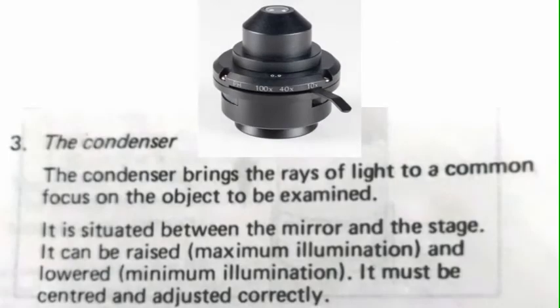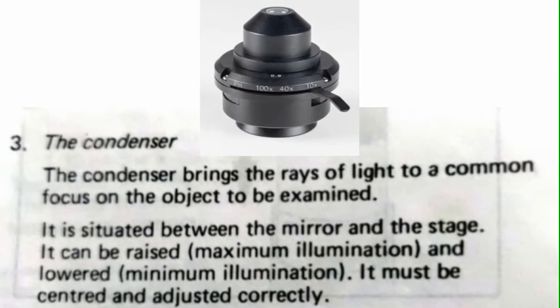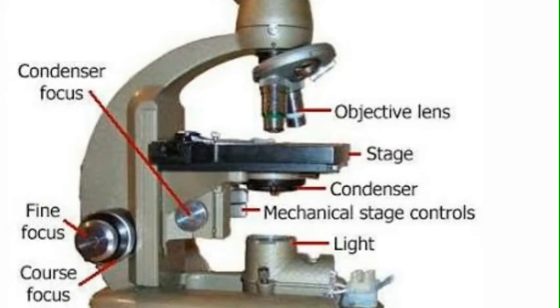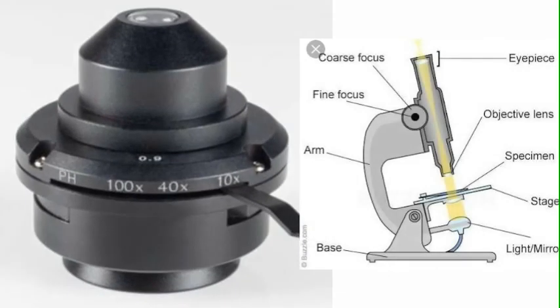Third, the condenser. The condenser brings the rays of light to a common focus on the object to be examined. It is situated between the mirror and the stage. It can be raised for maximum illumination and lowered for minimum illumination. It must be centered and adjusted correctly.